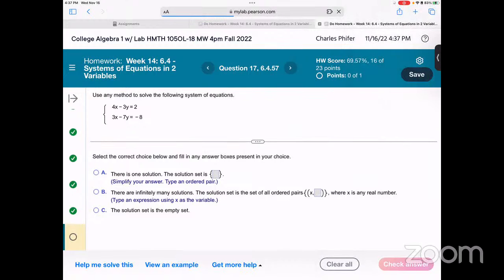Use any method to solve the system. One equation is not a multiple of the other. Okay, so let's take some notes. I think elimination might be easiest here. Let me get a copy.